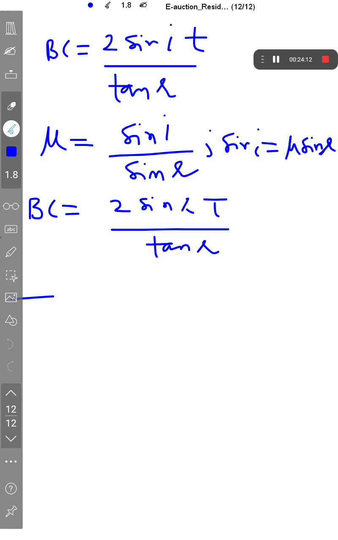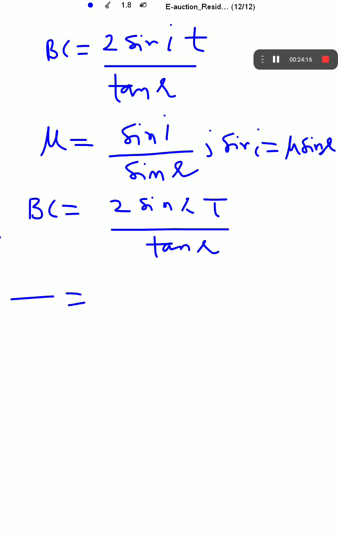so this will modify 2 sin R T into tan R times mu.